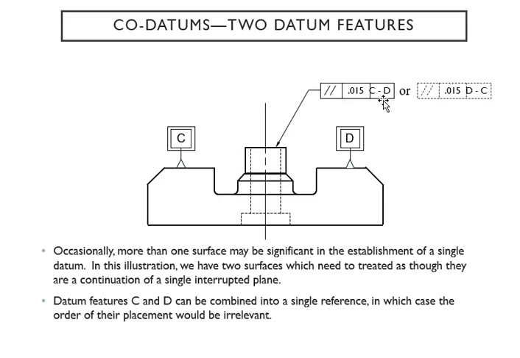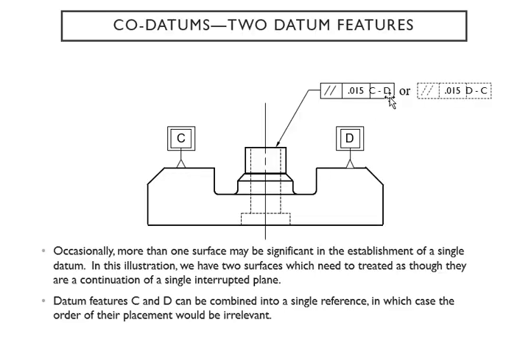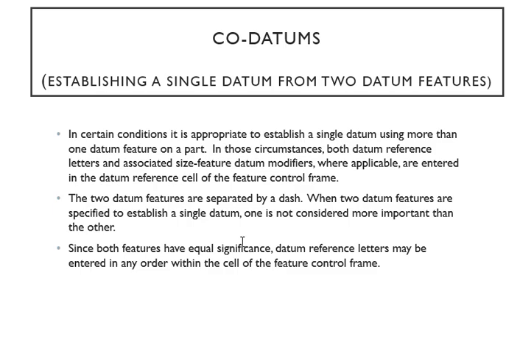So you have two of them right now, C and then dash D. That's what it is saying right here: two datum features separated by a dash. So they're specifying to establish a single datum. Even though we're using two, we're just reading it as a single datum because they are tied to each other.